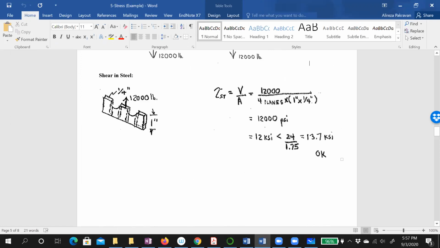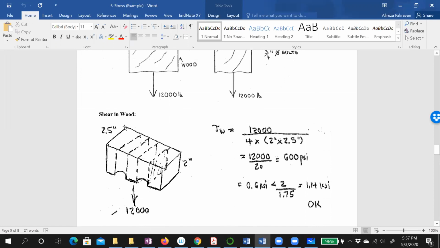It is similar to this, but for steel we have 1 inch by 1/4 inch, while for the wood we have the big thickness, 2.5 inch times this. Look, these planes are parallel to the forces, right? So this calculation would be 600 psi, which means 0.6 ksi, compared with the ultimate shear stress of 2 divided by the factor of safety, 1.14. 0.6 is less than 1.14, it's okay. It's fine.